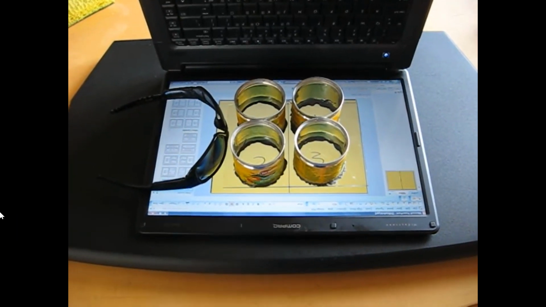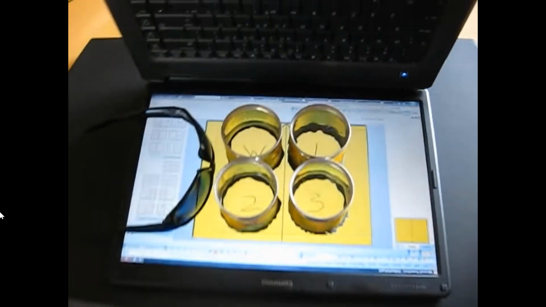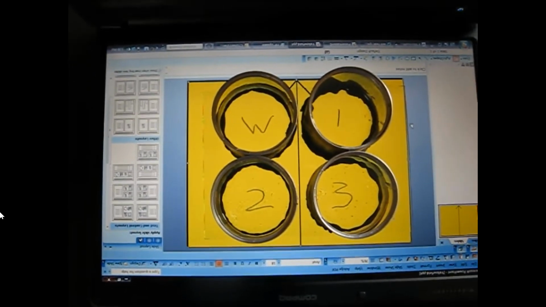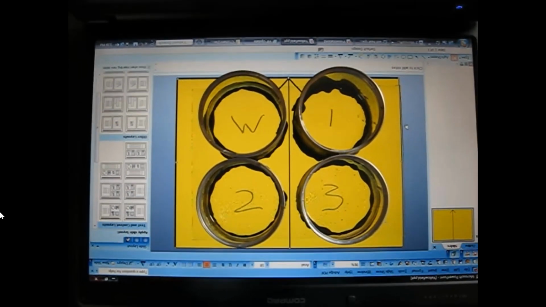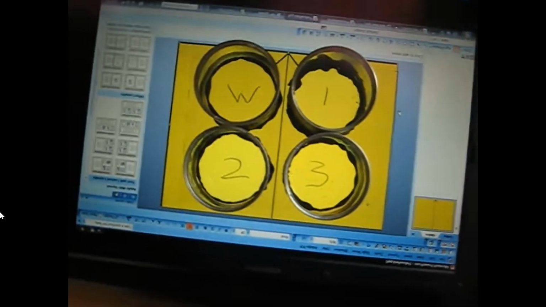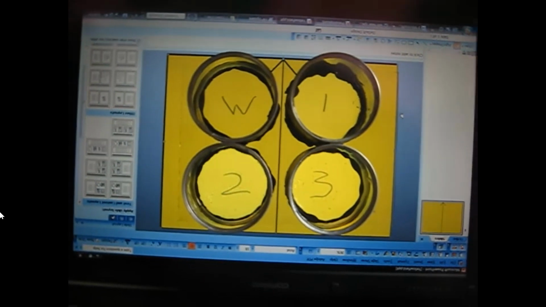Here's our homemade polarimeter. It's a computer screen with solutions of water, and then 1, 2, and 3 are increasing amounts of glucose. It's a chiral syrup. Putting the sunglasses over it. Kathy, can you spin that for me just real slowly?